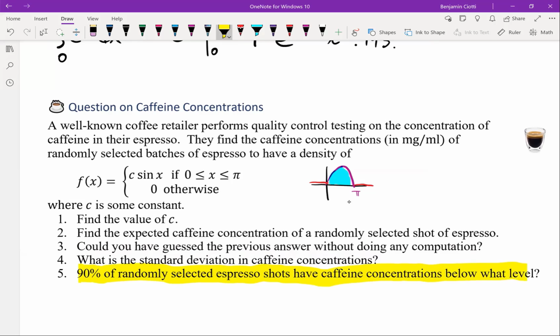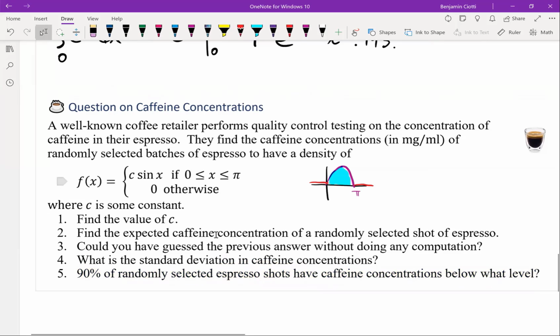That is, what caffeine level is such that it is higher than 90% of randomly chosen coffees. 90% of shots of espresso from this manufacturer have an espresso level that is less than the value that I'm asking for here, which would also be called the 90th percentile.